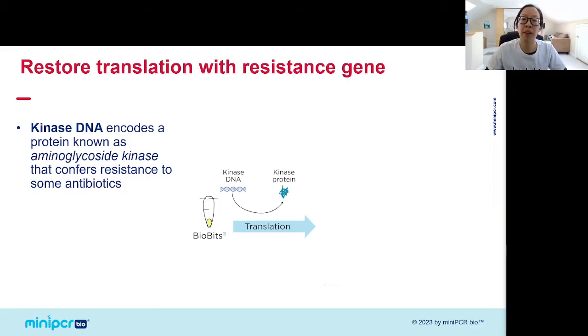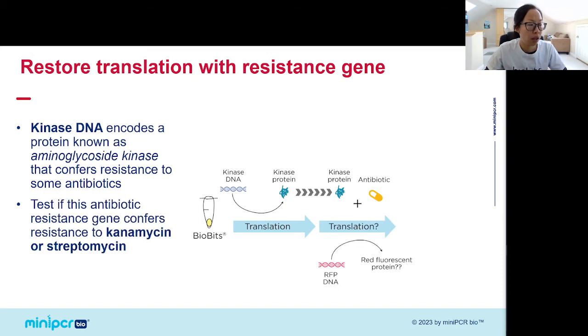This kinase can provide resistance to some antibiotics, and we're going to find out if this includes kanamycin and or streptomycin. Now, going back to the live bacteria culture analogy, if the bacteria in that culture had this resistance gene in their DNA, it would be able to produce the kinase and have potential protection against certain antibiotics.